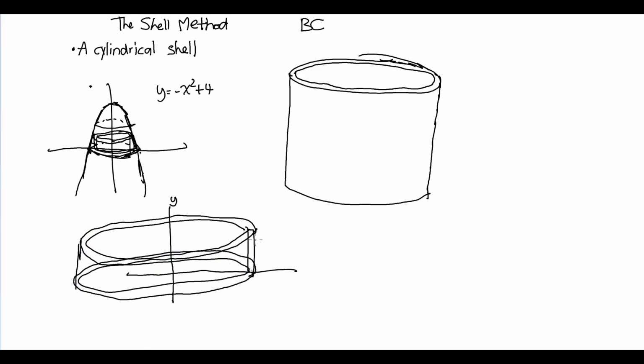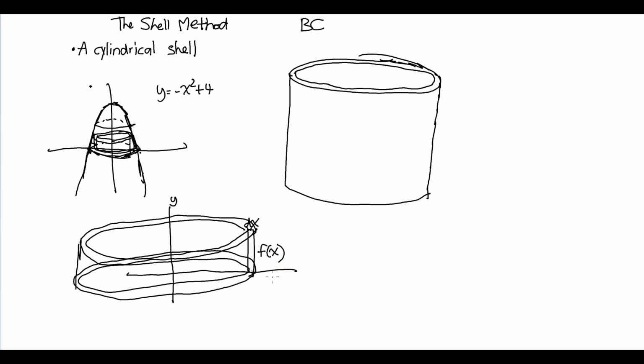But this is our cylindrical shell we get by rotating our rectangle. Our rectangle has infinitely small thickness, infinitely small width, and a height of f of x. So what is the volume of this cylindrical shell?